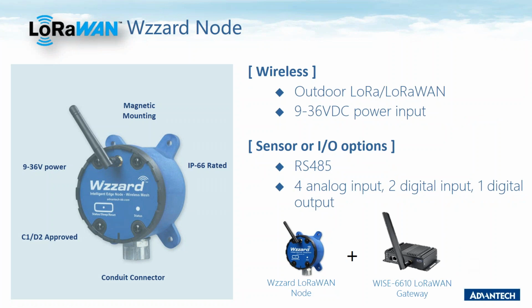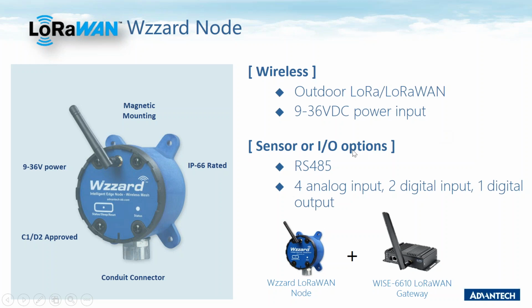You'll recognize that black WISE 6610 gateway in the bottom right-hand corner. Now on this slide, we're talking about the LoRaWAN version of that Wzzard end node. So you've still got magnetic mounting, still weatherproof rating, Class 1 Div 2. This currently doesn't have a battery-powered option. That's coming soon. This is being recorded in mid-September 2019, so just know that very shortly that will be battery-powered.